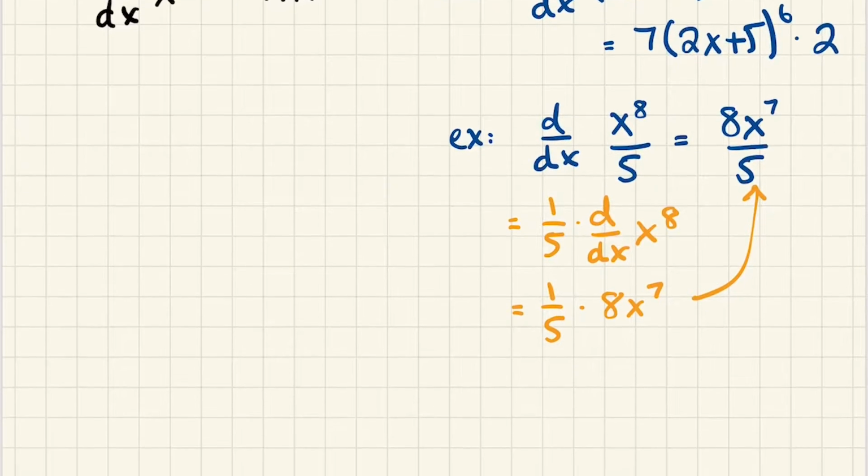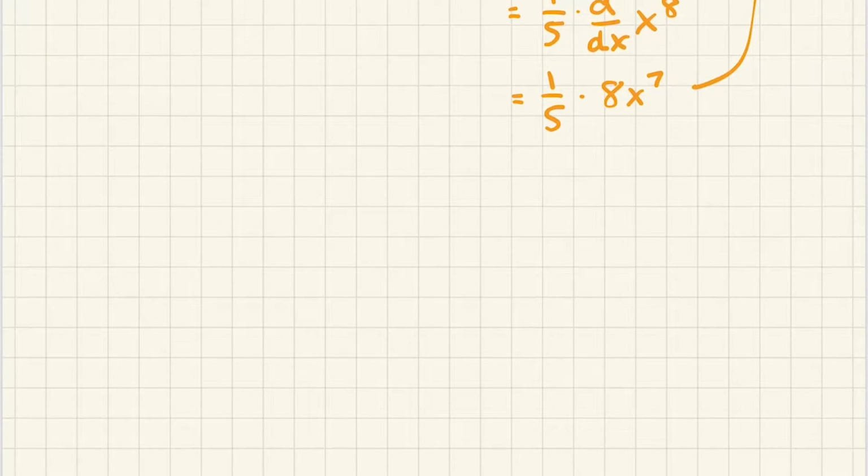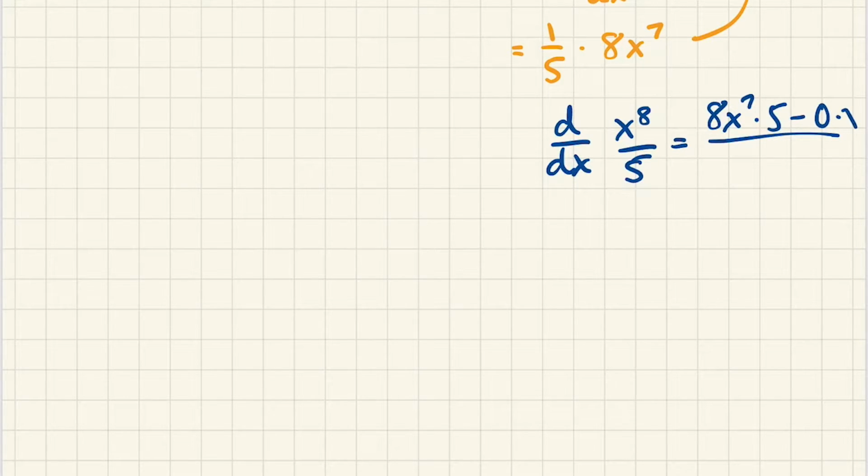In reality, you actually can use the quotient rule. So let's see how that would play out. We would have, say, the derivative of x to the 8 over 5. And using the quotient rule, we can take the derivative of the numerator, which is 8x to the 7, times the denominator, which is 5, minus the derivative of the denominator, which is 0, times the numerator, x to the 8, over the denominator squared.